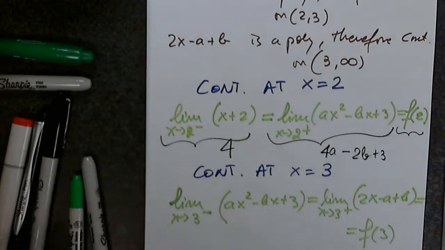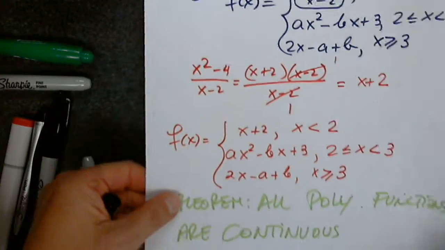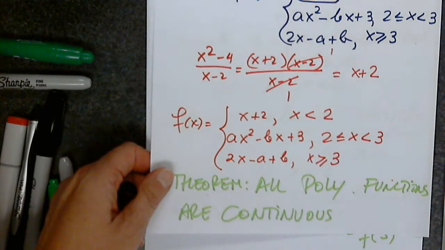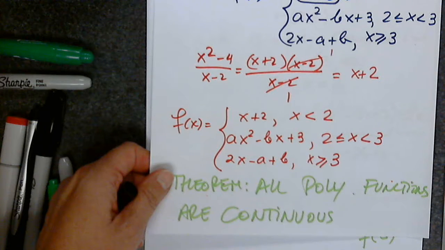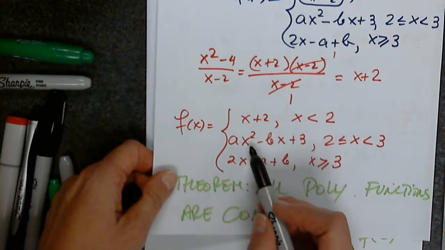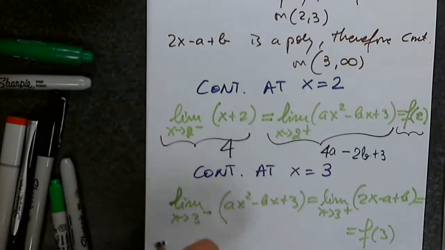And now I need this. I have to go back to the function, and you'll tell me, where do I plug 2 in? Top branch, middle branch, or bottom branch? Middle branch, of course, because I have x equals 2 here. So it's still the same thing, right? 4a minus 2b plus 3.